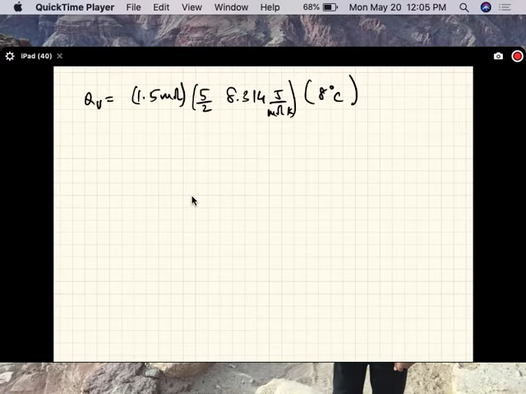Actually, I'll just do Kelvins here, so that way the Kelvin will cancel. This much heat is what you need to add, and that will work out in joules. The moles will cancel with this mole, and Kelvin will cancel with that.